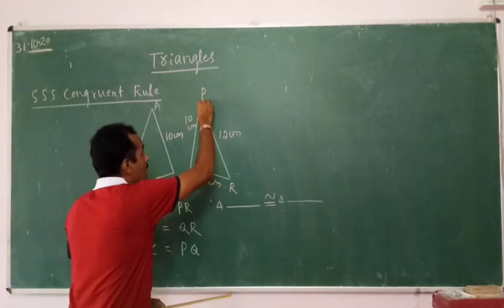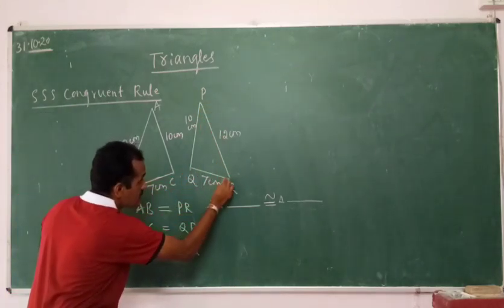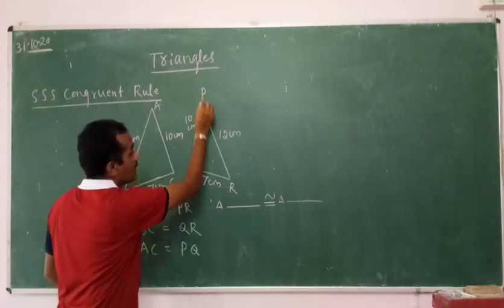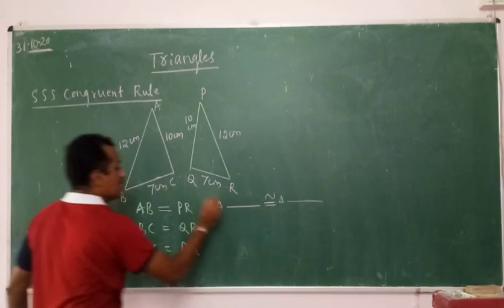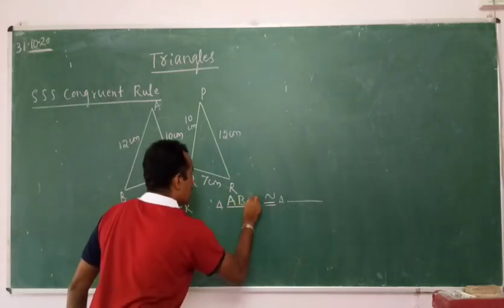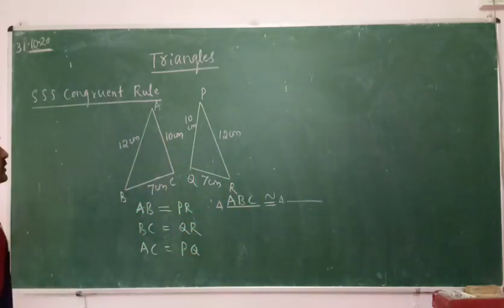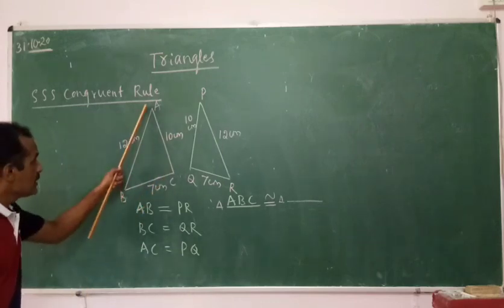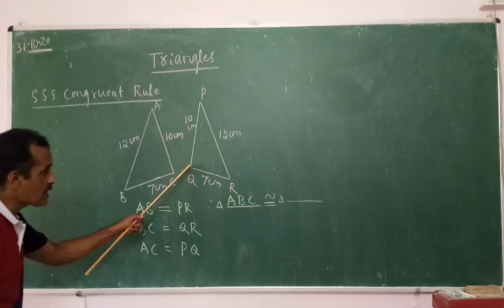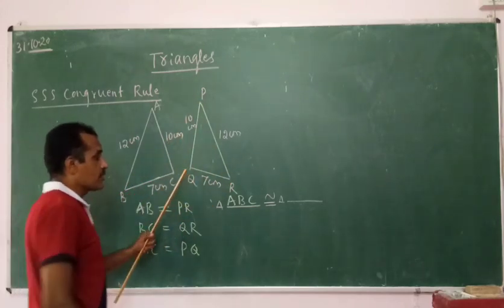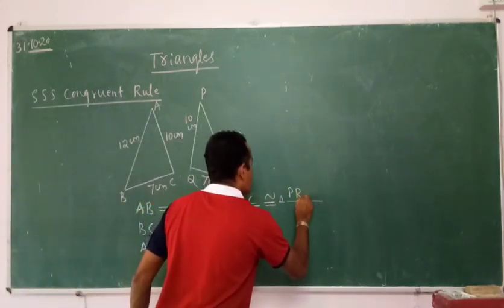So 12 centimeter to 7 centimeter means P R Q. Triangle ABC is congruent to triangle PRQ.